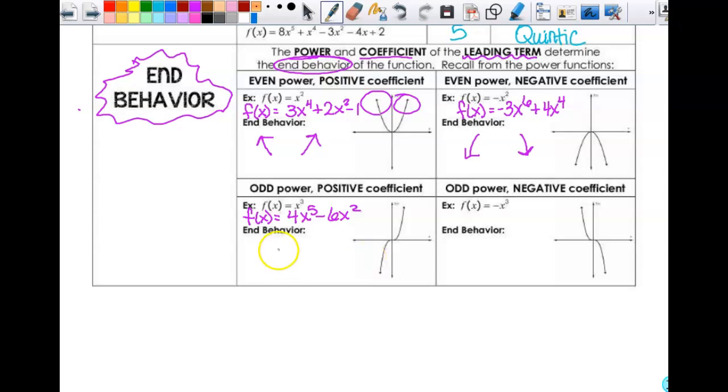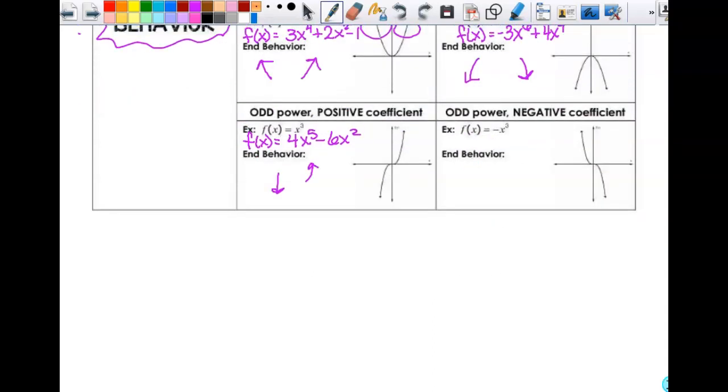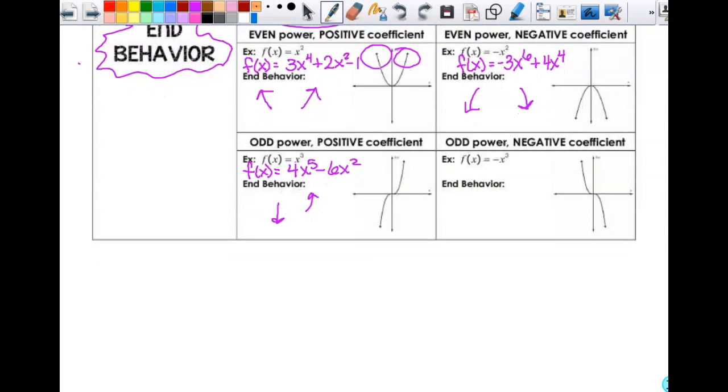Therefore, the end behavior looks the same, which is down, up. Same end behavior as a cubic. Then I have, so then odd power negative coefficient, so like f of x equals negative 2x to the 7th plus 3x squared, whatever.